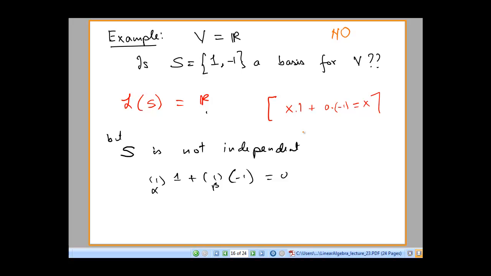But if I can find some non-zero alpha i, such that alpha 1 V1 plus alpha 2 V2 is equal to 0, that would mean that V1 and V2 are dependent. That's what we are doing here: finding some non-zero alpha and beta, such that their combination is 0.